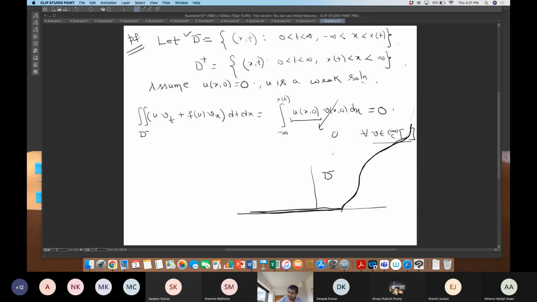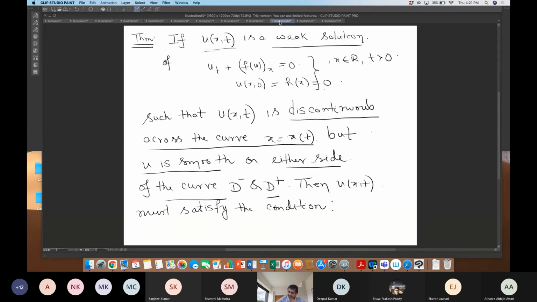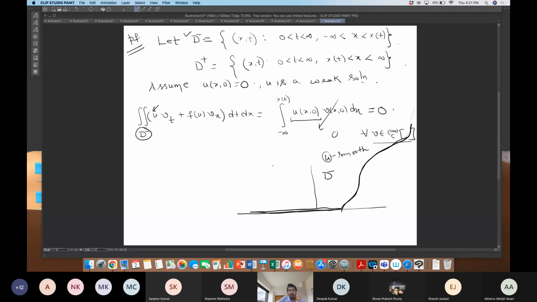Okay. Now you know that in D minus, U is a smooth solution. U is smooth on either side of the curve, D minus and D plus. So over D minus, U is smooth. Agreed? What can I do now? Sir, we can replace v by u minus. What I can do is throw the derivative onto U by integration by parts, because U is smooth in D minus.